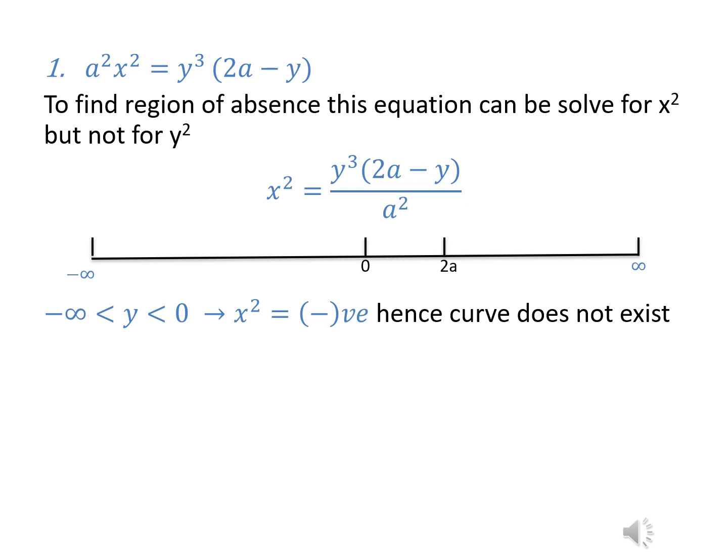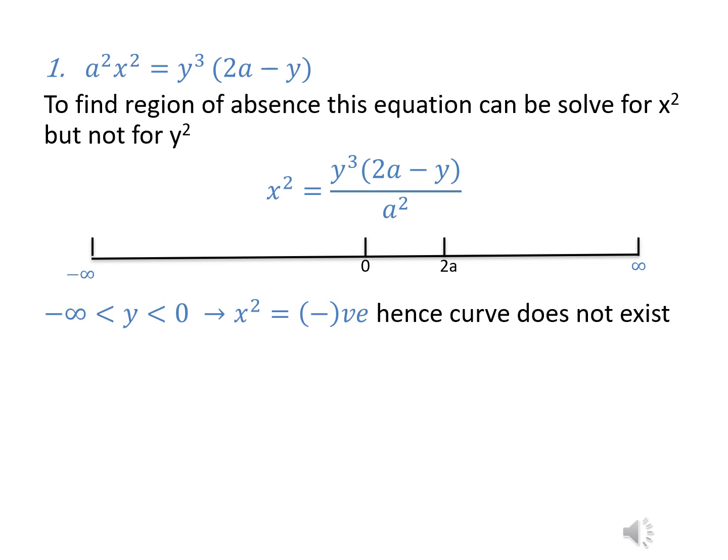Now 2a minus y: we have to subtract a negative value, so minus of minus will be plus. So 2a minus y will be a positive value. Y cube is negative, 2a minus y is positive, then altogether it is negative. Hence x square is negative, and hence your curve does not exist for these values of y.